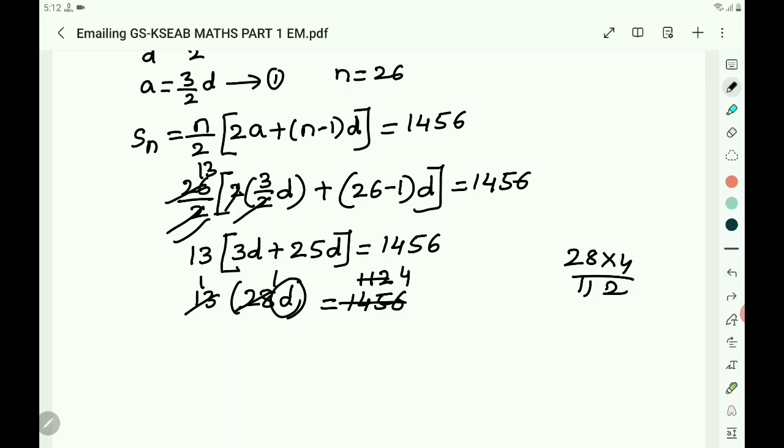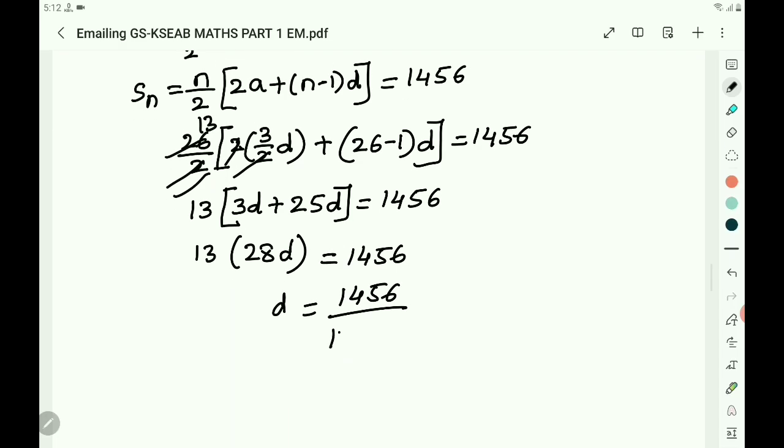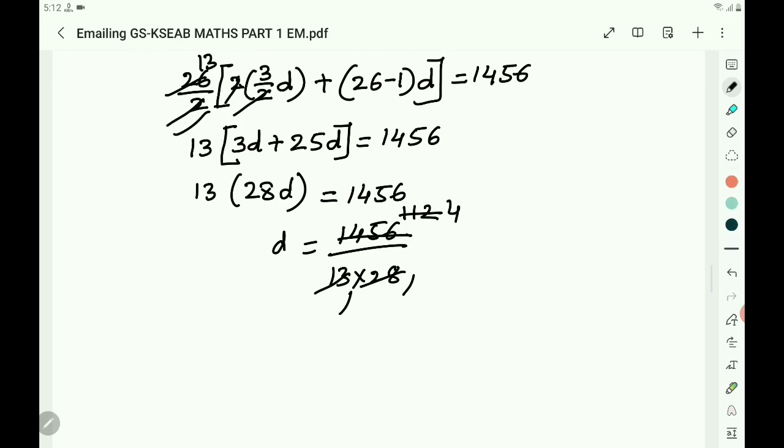You got d is equal to 4. Or otherwise you can do d equals 1456 by 13 into 28. 13 twos are 26, 28 fours are 112. So you got d equals 4.